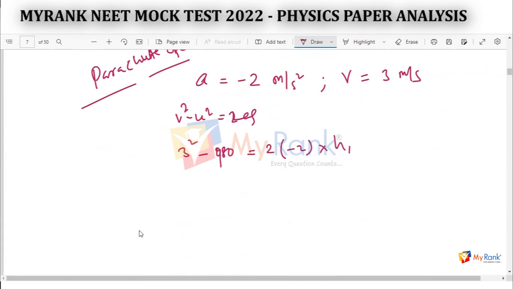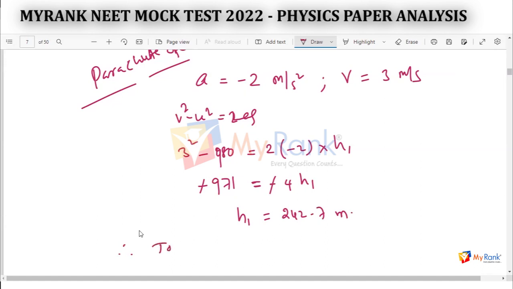So here it becomes 9 minus 980, that is minus 971, equals minus 4 h1. So minus cancels on either side. So h1 results in 242.7, like that we can get around this many meters, friends.